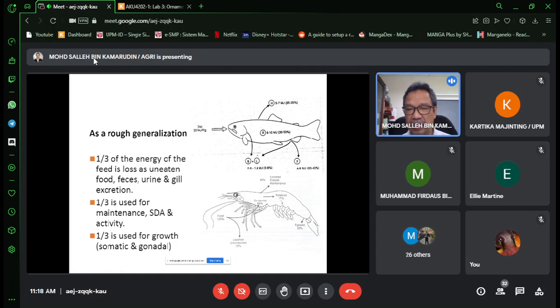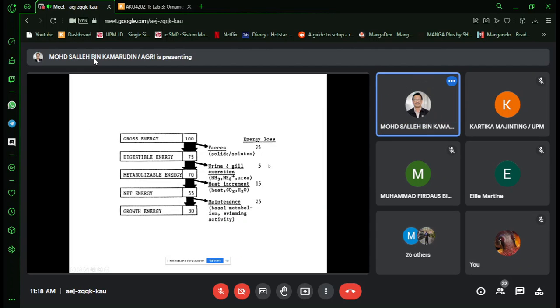Keperluan tenaga dia lebih rendah sebab dia tak berenang, dia maintain kat bawah saja. Dekat pond bottom ataupun dekat substrate itu dia bawah sekali. Dan ikan dia tinggi sikit dari segi retain. Gross energy ini sebenarnya tadi dah loss kat mana.